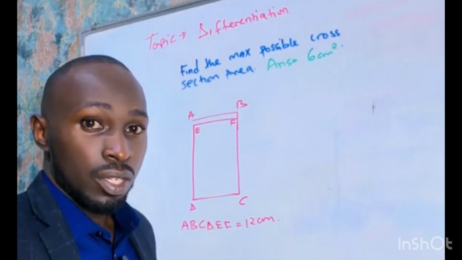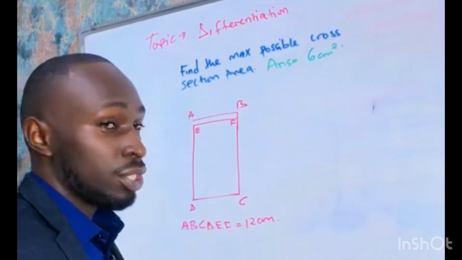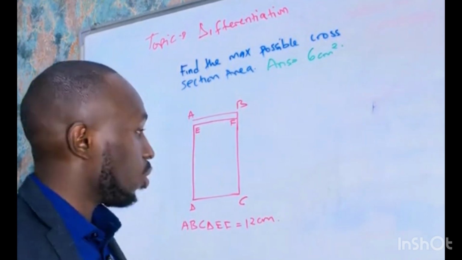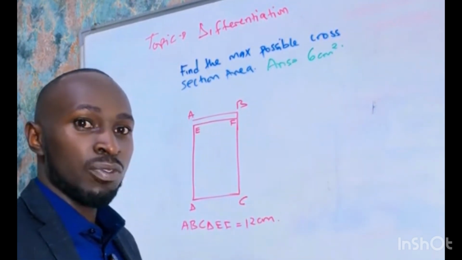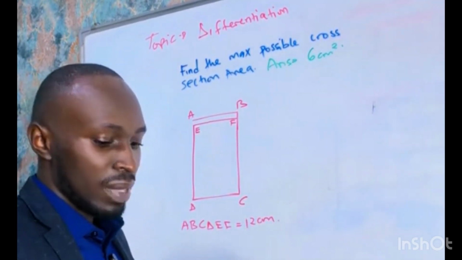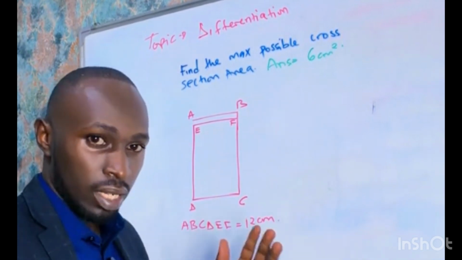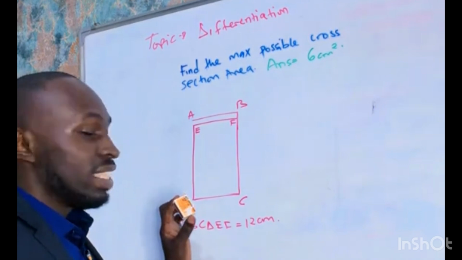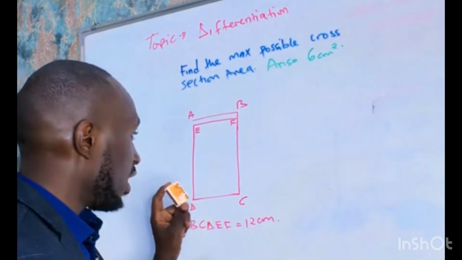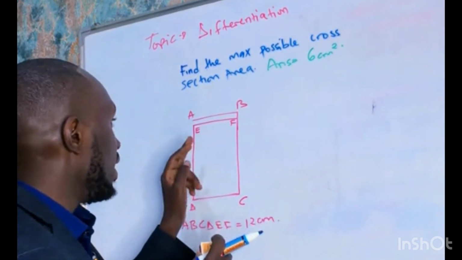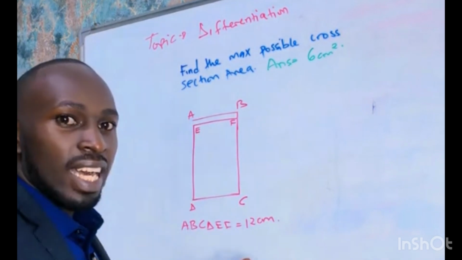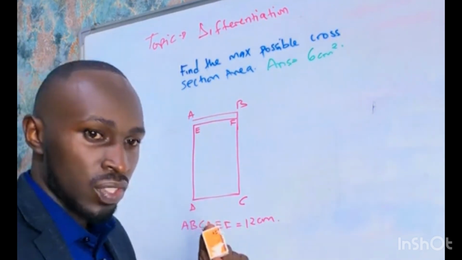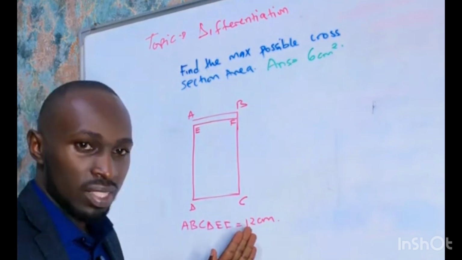Now, today's topic is differentiation, and this is one of the applications of differentiation. This question has been taken from the book Pure Mathematics 1 by J.K. Backhouse. What is on the whiteboard is a rectangular matchbox, ABEFDC, and the total perimeter, or the total length around this matchbox, is exactly 12 centimeters.